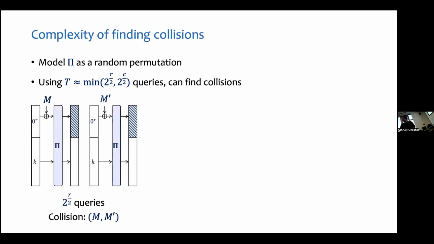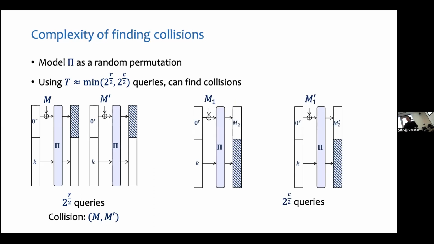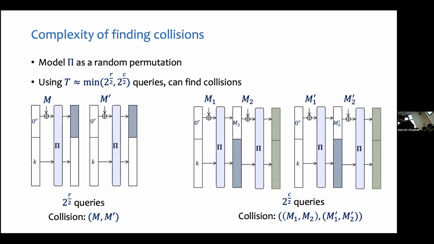The attack with 2^(r/2) queries is again a birthday-style one, where one evaluates the permutation with M and K for different choices of M until two evaluations have the same first r bits of the output. On the other hand, the attack with 2^(c/2) queries finds two messages where the last c bits of the evaluations match, and then one can turn it into a collision by cleverly choosing the second message block.